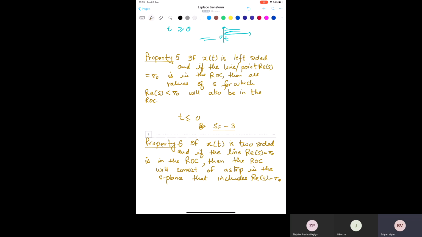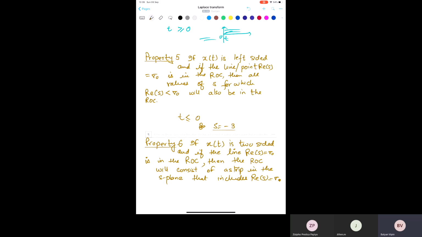So the last property of this is, if x(t) is two-sided, meaning it exists on t less than 0 and t greater than 0, and if it contains some point or line real s equals sigma naught, then whatever the ROC of the signal will be, it will contain real s equals sigma naught also.